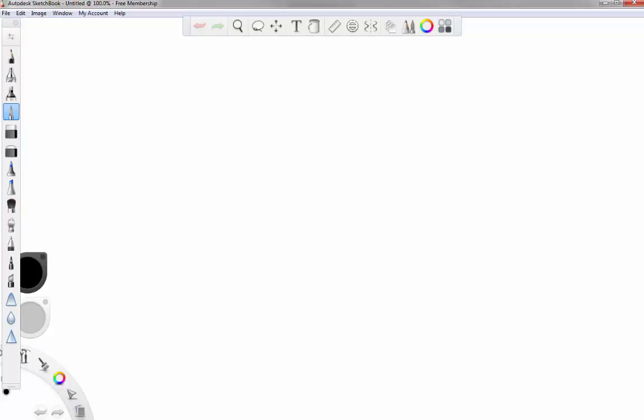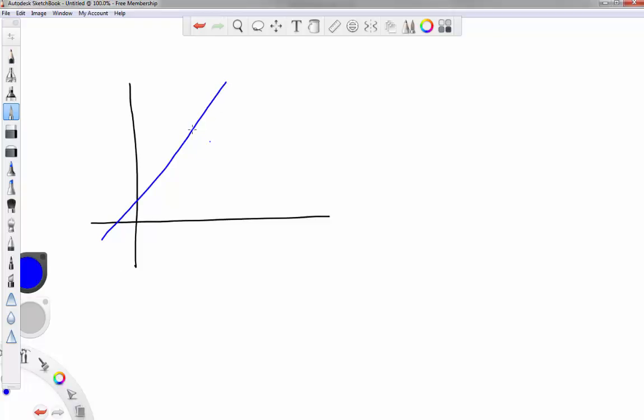Any line that you make, if you have something like this, and you have a line that you are able to graph out of this, like so, here is your y-axis, here is your x-axis.